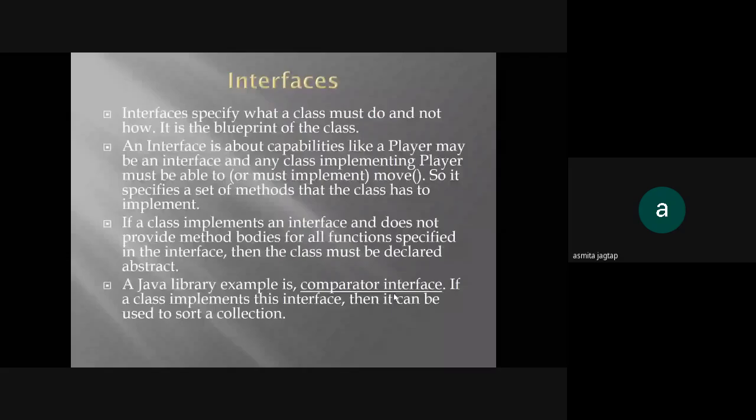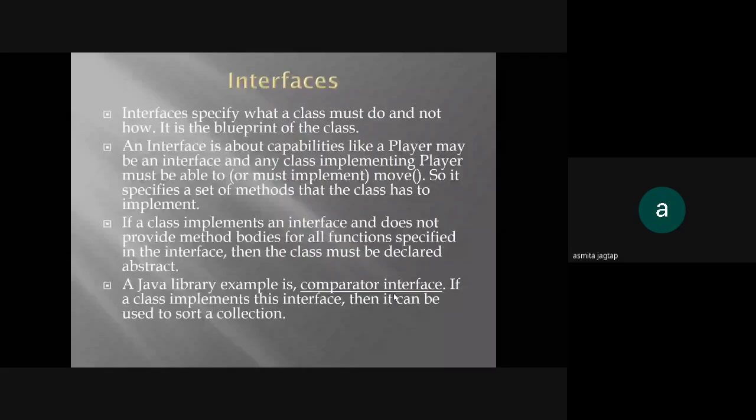So an interface specifies what a class must do and not how. It is the blueprint of the class. A class is about capabilities, like a player.